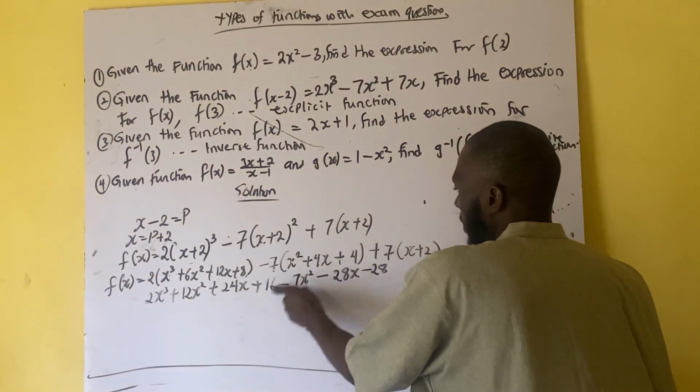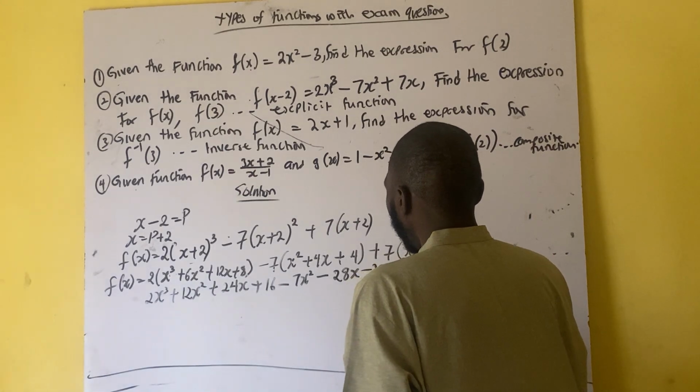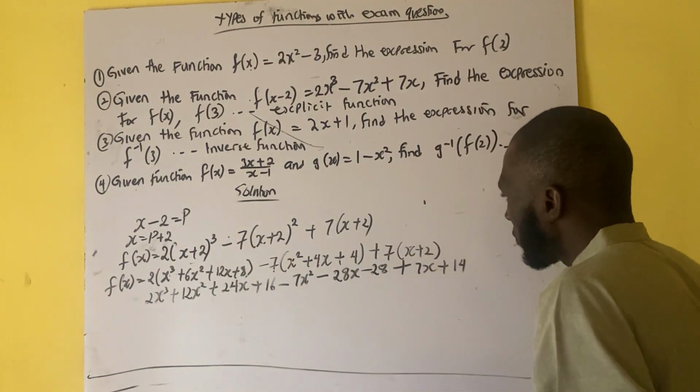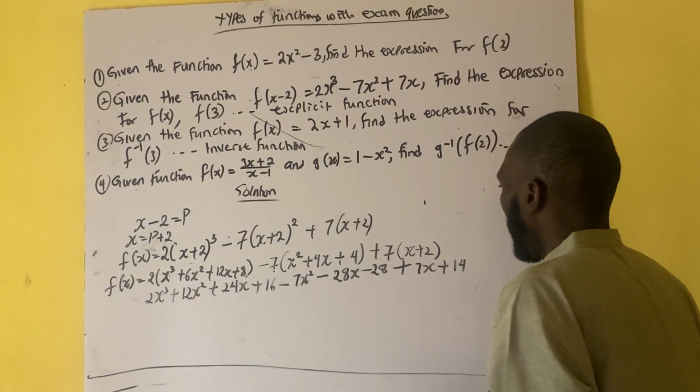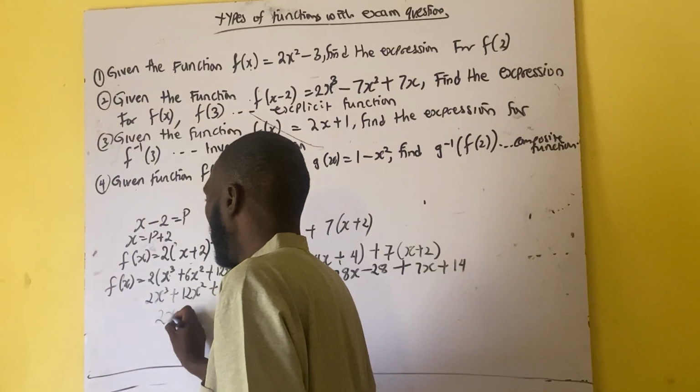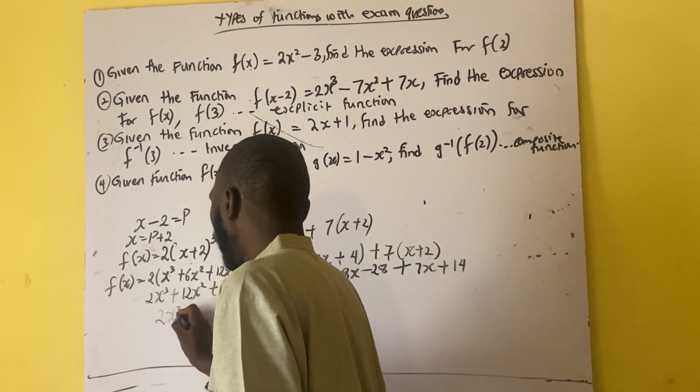So I'll expand this place, I'll expand this place as well. Do the same thing as here as well. 7x plus what? Plus 14. Now what is left is that now you compare. Now I have 2x cubed here. Nothing is related to it.